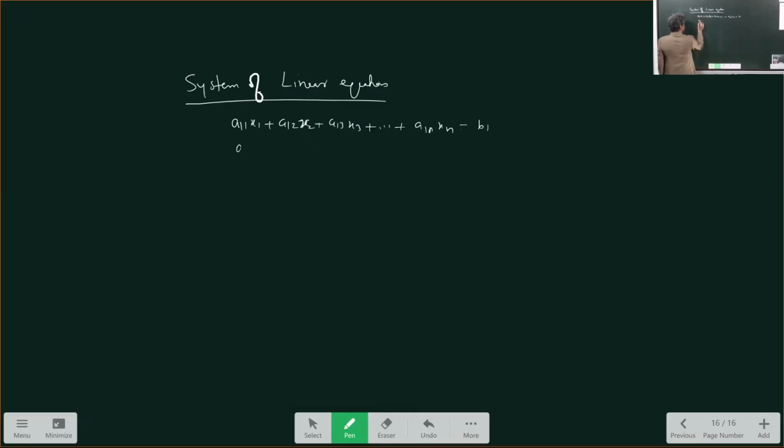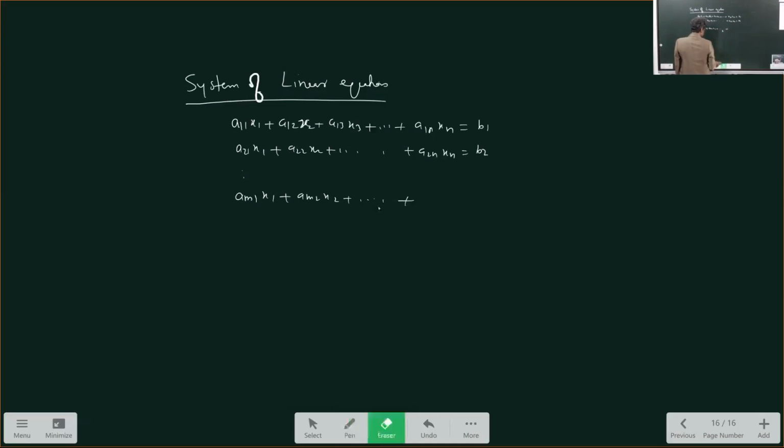The second equation starts with 2: a21 x1 plus a22 x2 and so on up to a2n xn equals b2. Like that, am1 x1 plus am2 x2 and so on plus amn xn equals bm.